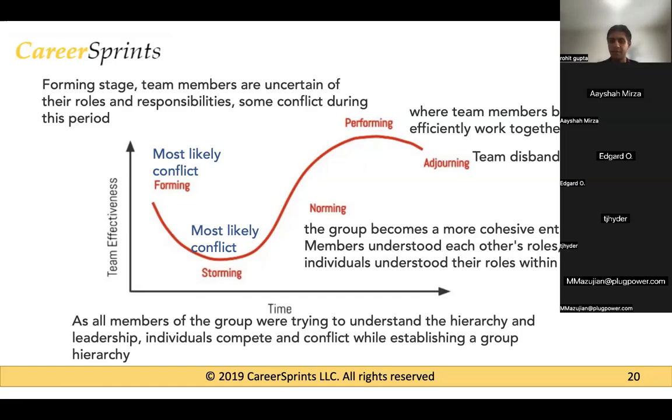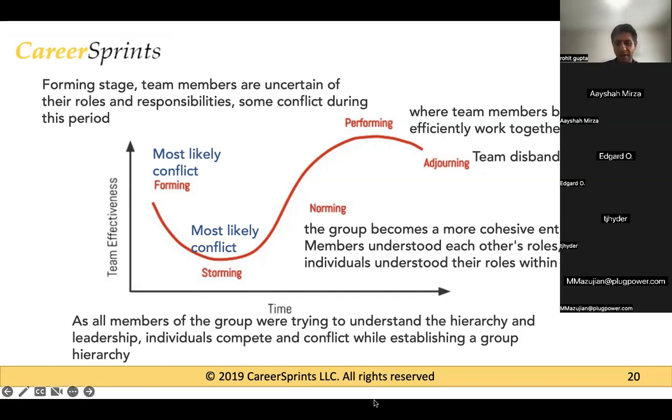You can think of this like an army battalion, or you can think of people who have been working with each other for a very long time, and they really understand each other well, and they're very comfortable working with each other. And then finally you have adjourning, where once the project is over, the team is disbanded and they move on and they join other projects, or they go back to regular business operations.